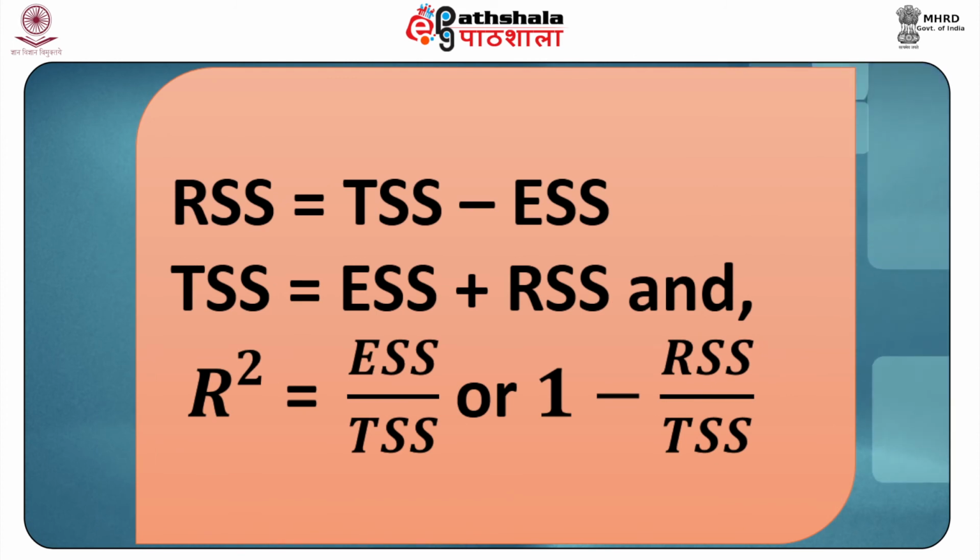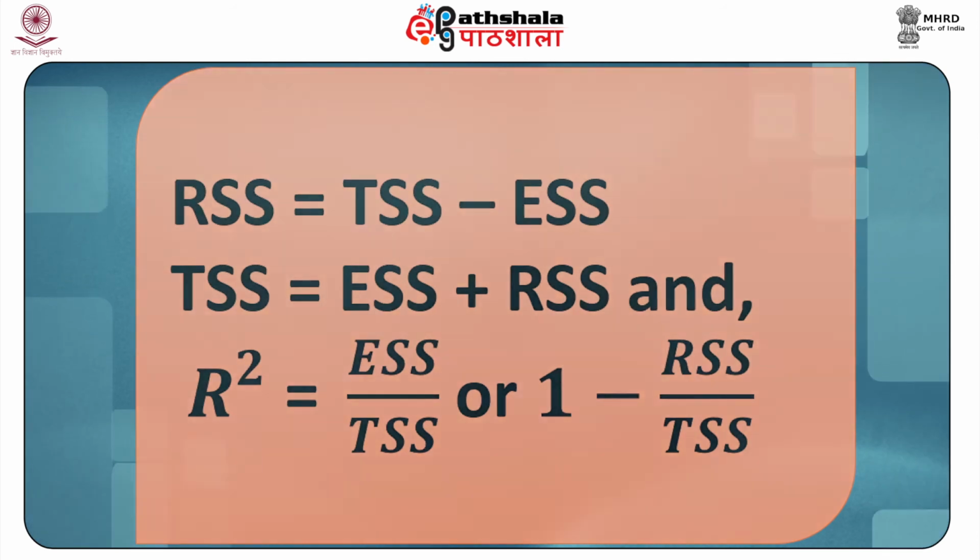Therefore our residual sum of the squares is equal to total sum of the squares minus the explained sum of the squares. Hence we can say that total sum of the squares is explained sum of the squares plus the residual sum of the squares, and R square is equal to explained sum of the squares upon total sum of the squares, or is equal to 1 minus residual sum of the squares upon total sum of the squares.